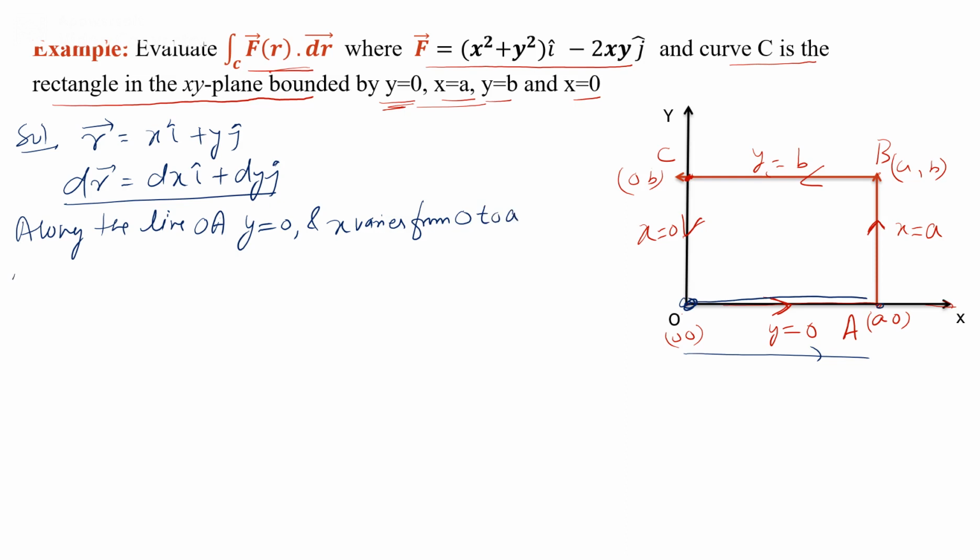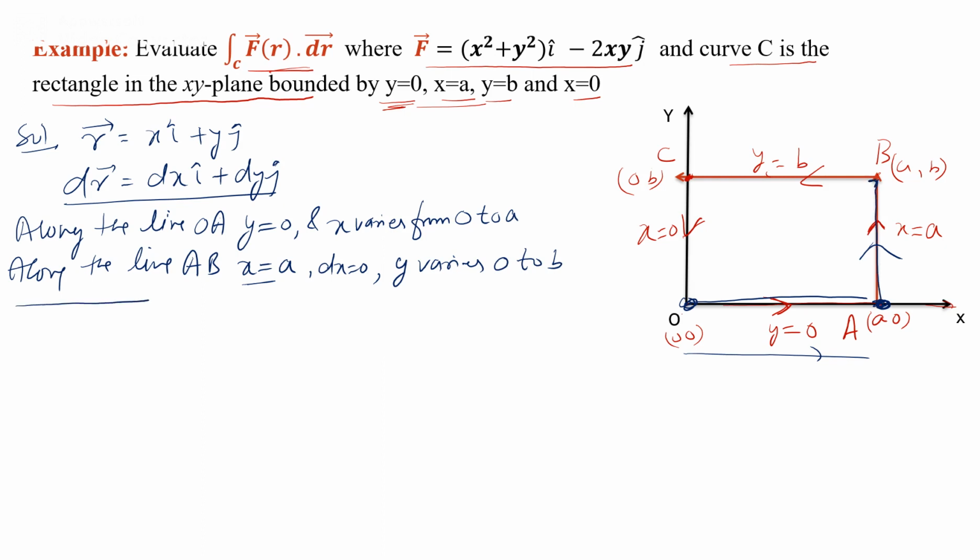Similarly along the line AB, here x is equal to a, and if we take the derivative, dx is equal to 0, and y varies from 0 to b.